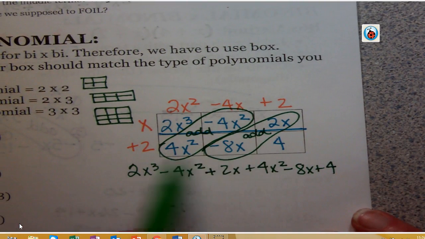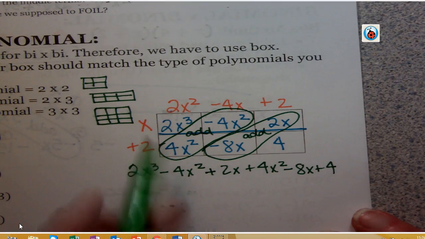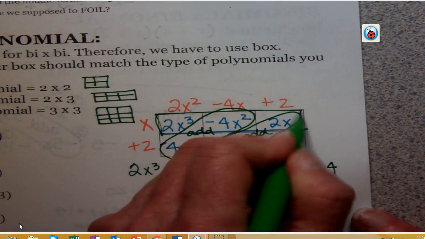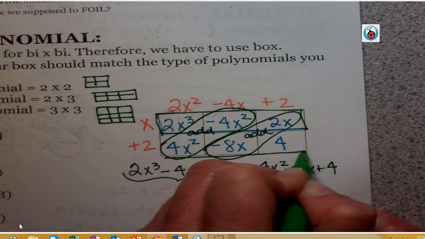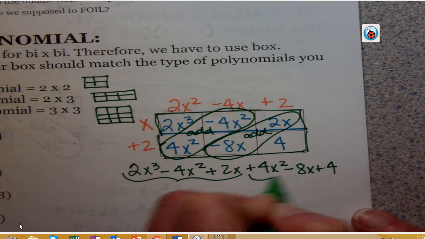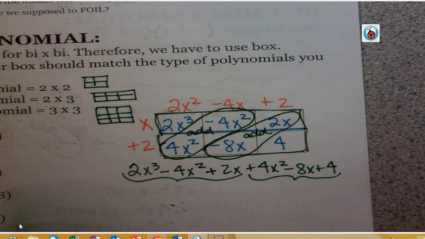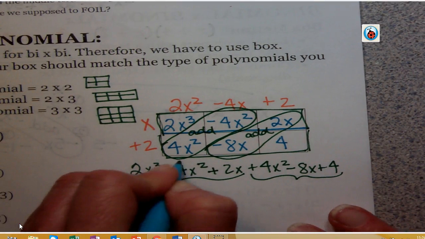Right? That's taking everything in here into one equation. I've taken the top row and the bottom row. But now I see I've got like terms that I've circled up here, but I'm just showing you this way.